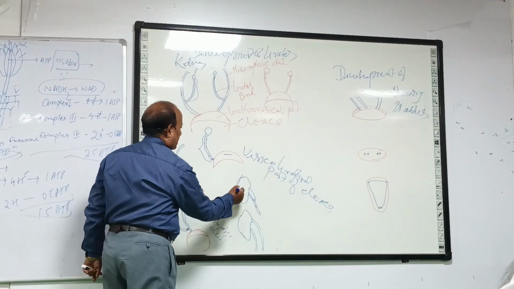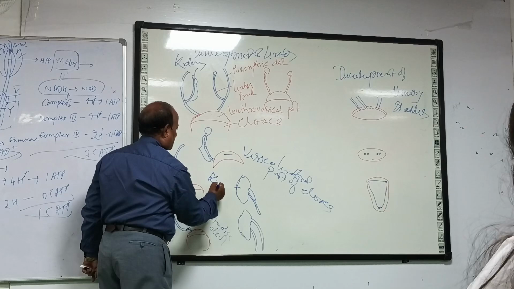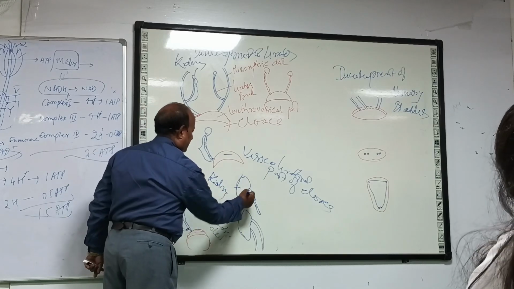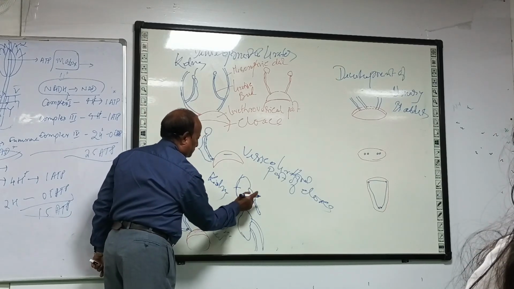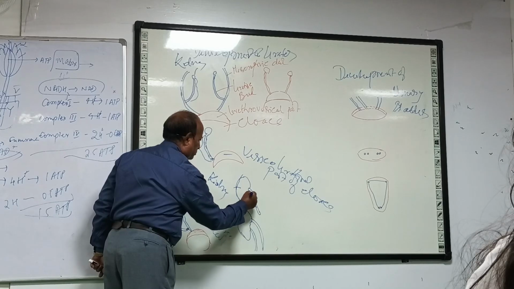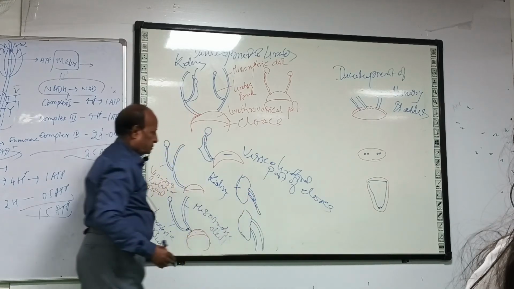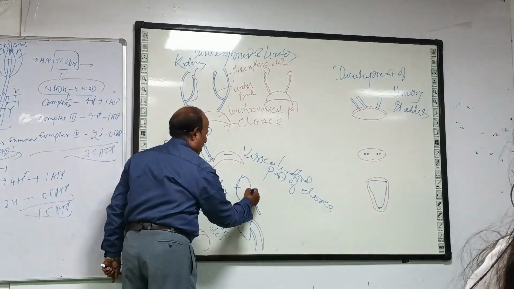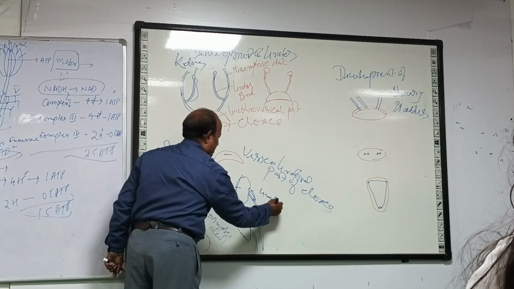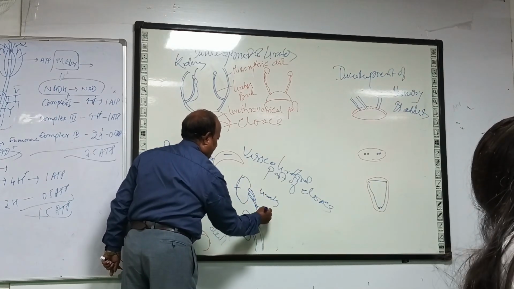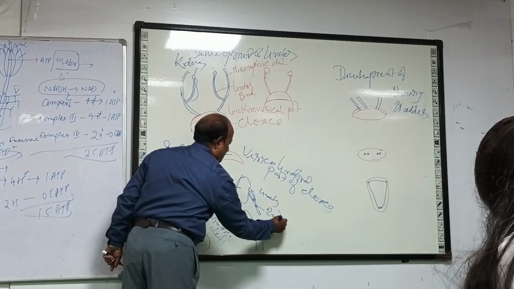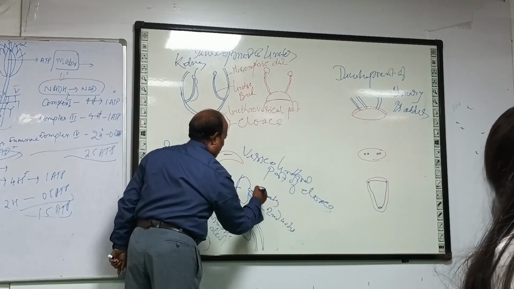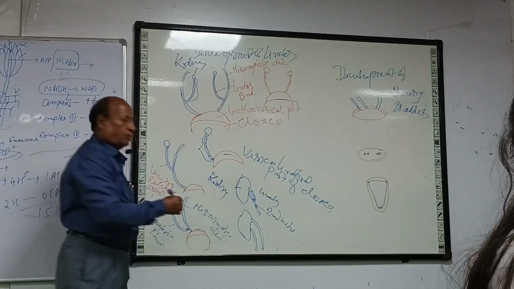This is the kidney. Here what we see? This is one ureter. This is the second ureter. It is also called upper or lower.